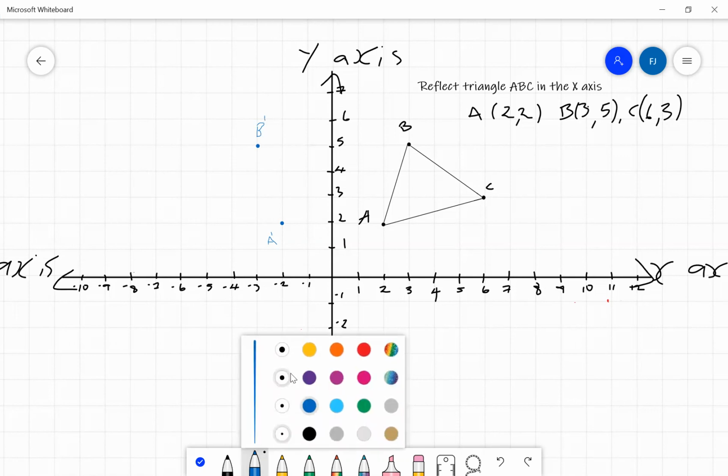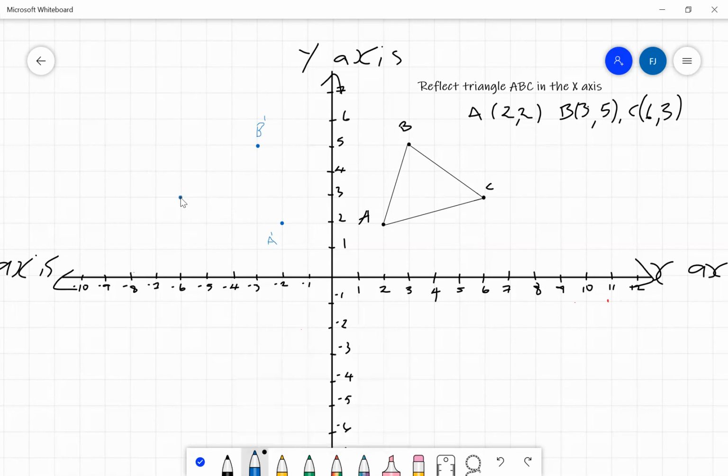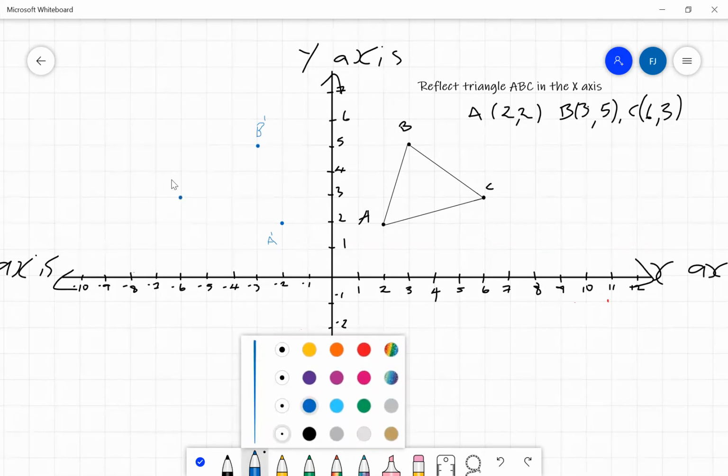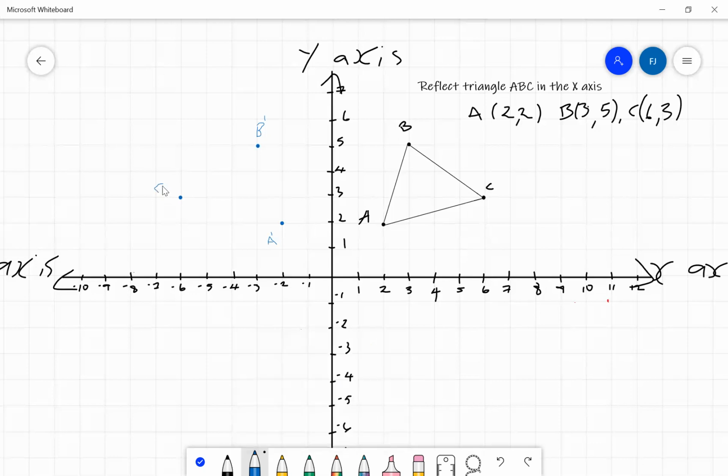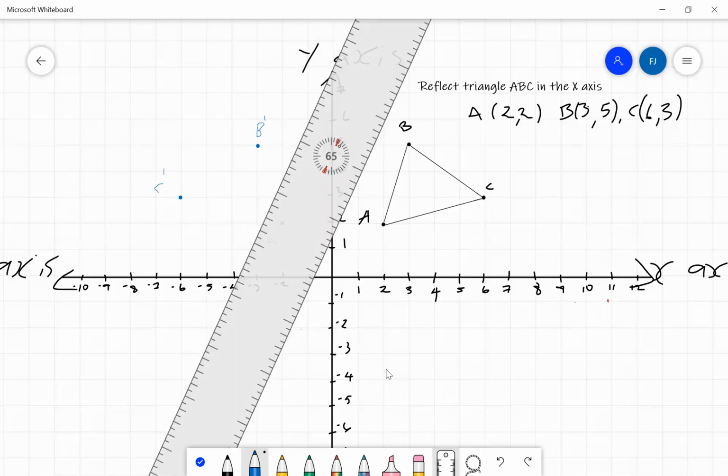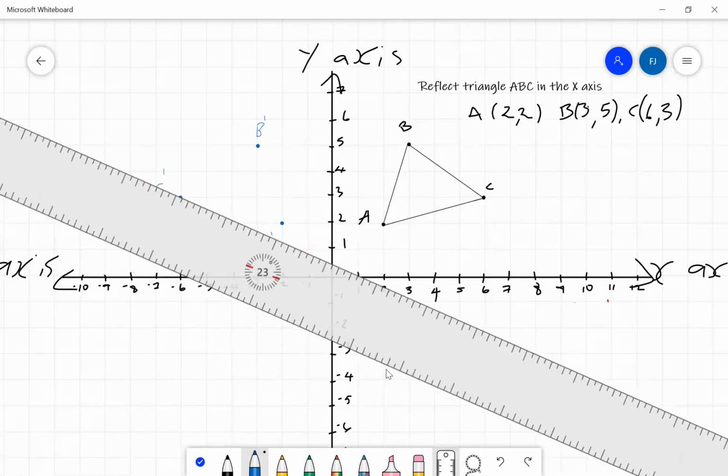Taking point C, we will count 1, 2, 3, 4, 5, 6 units to the mirror line. So we'll count 1, 2, 3, 4, 5, 6 units away from the mirror line, and that will give us our C prime. Then I will connect the dots, the points or vertices on our triangle.